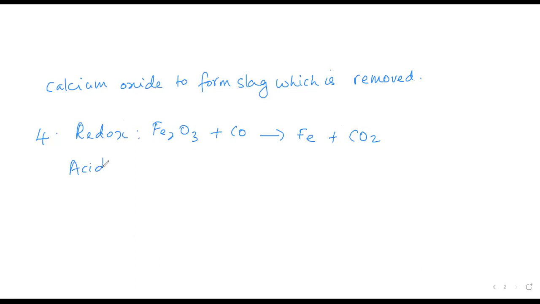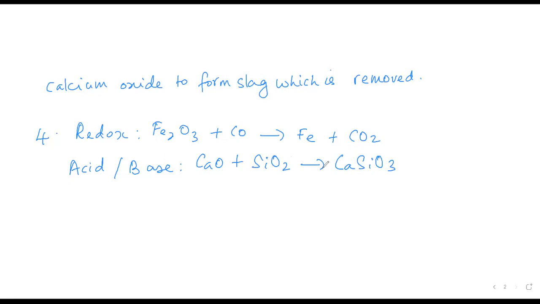Acid base, what equation is that for acid base reaction? In the blast furnace, there is a reaction where an acidic oxide will react with a basic oxide. Okay, good. So that's calcium oxide and silicon 4 oxide that forms calcium silicate. All right, so these are the 2 equations.